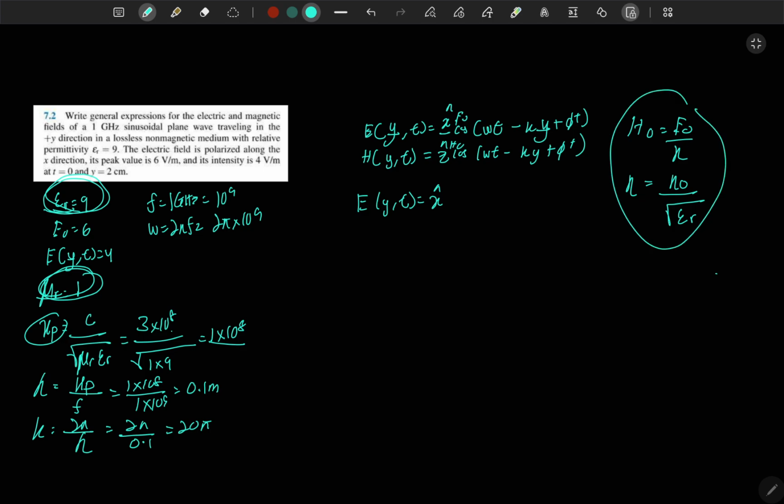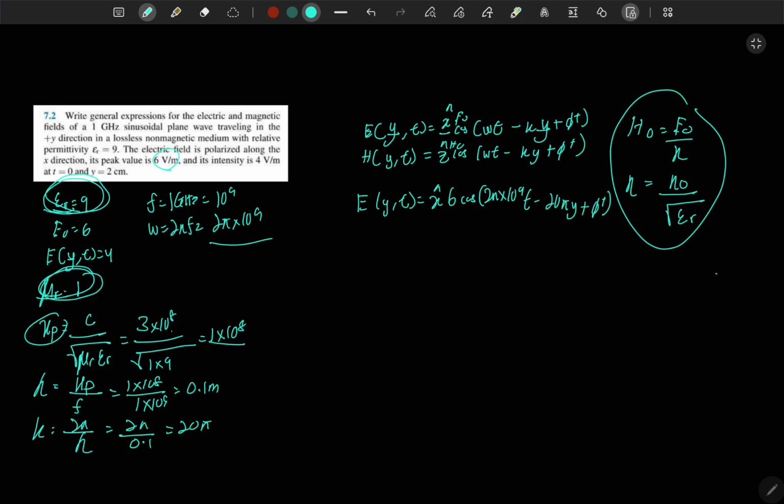This is something that we need to know later, but I just write it here. So the peak value was 6. This is the unit. 6 cos, the angular frequency we know is 2 pi times 10 to the power of 9 t, minus k, which was 20 pi y, plus the phase.